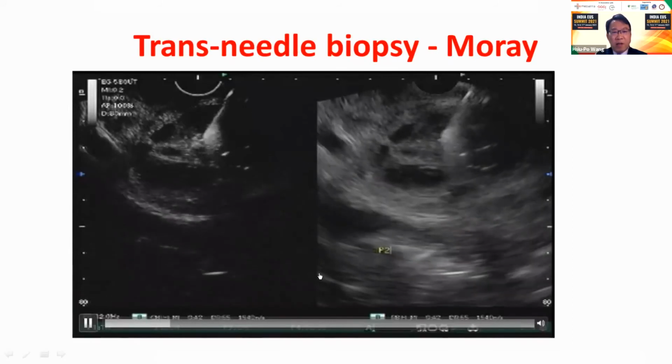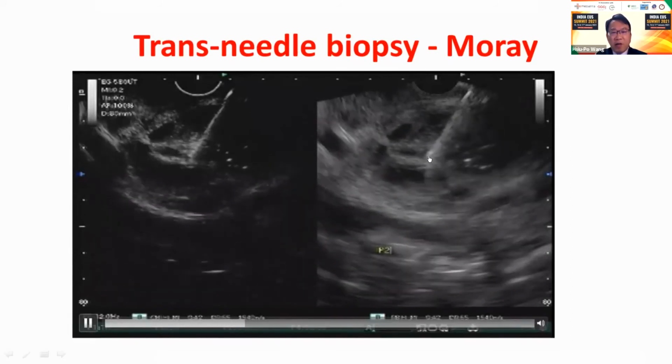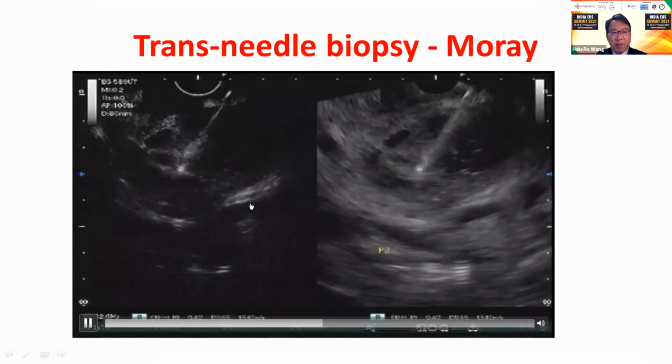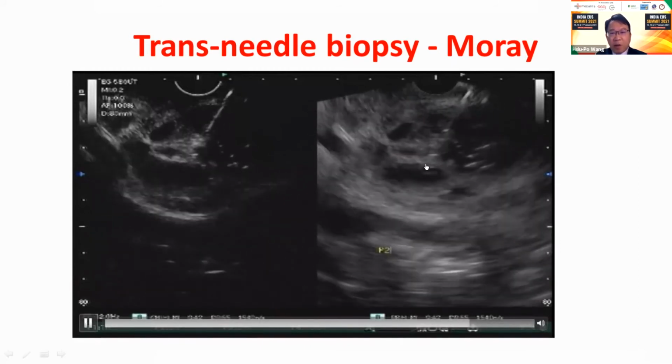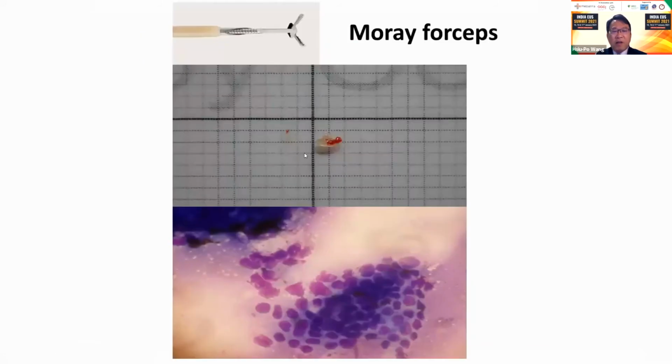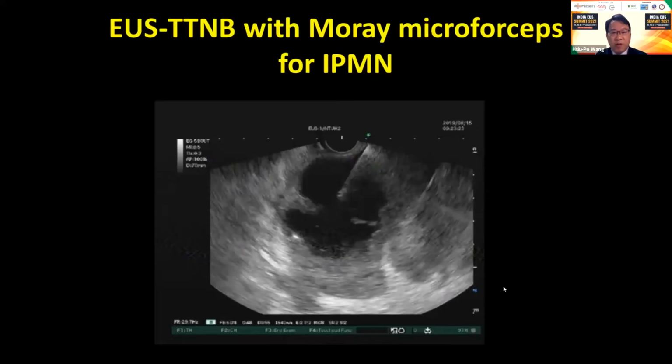This is our case. After the 19-gauge needle, we put in the micro forceps and took a biopsy of the enhanced solid part, and the sample can be up to 2 millimeters. The cytology smear can show adequate tissue for diagnosis.